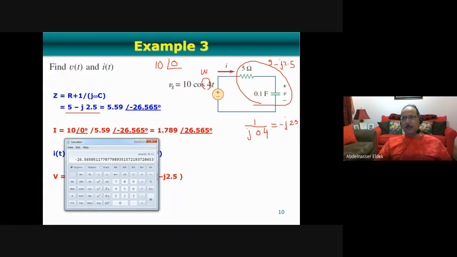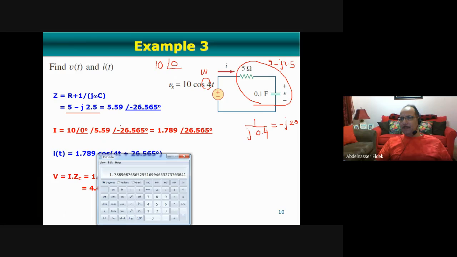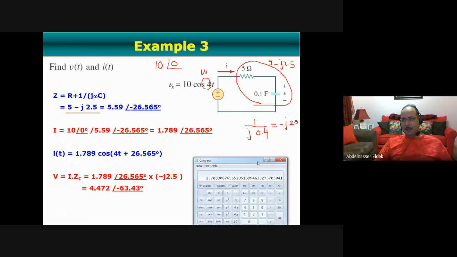How do you do that? You just divide the amplitudes, 10 divided by 5.59, which is 1.789, almost 1.8. And you subtract the angle: 0 minus negative 26.565 would be plus. So this is the current here.